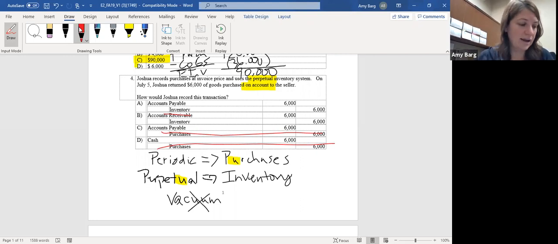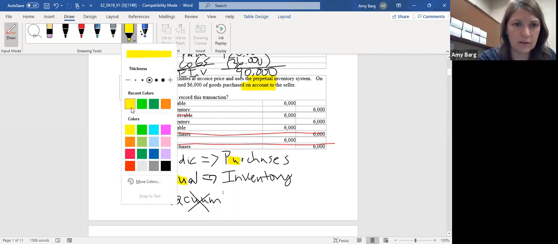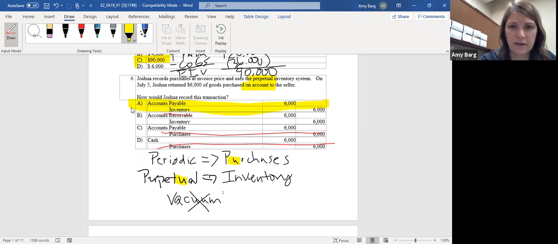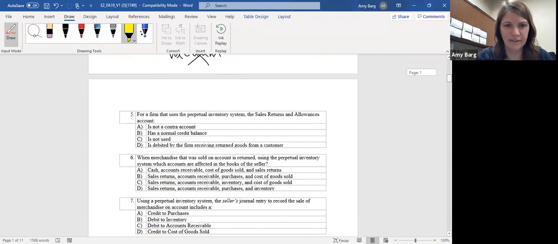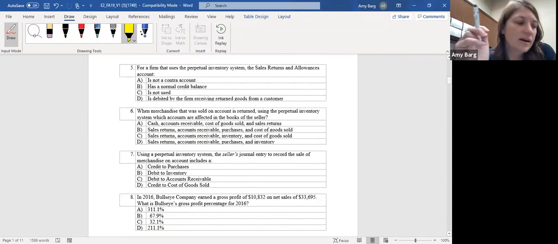So we had an accounts payable. So the answer here is A, because it's inventory, perpetual, we want inventory, and it's an accounts payable, not an accounts receivable. So if that helps you, great. If not, sorry.